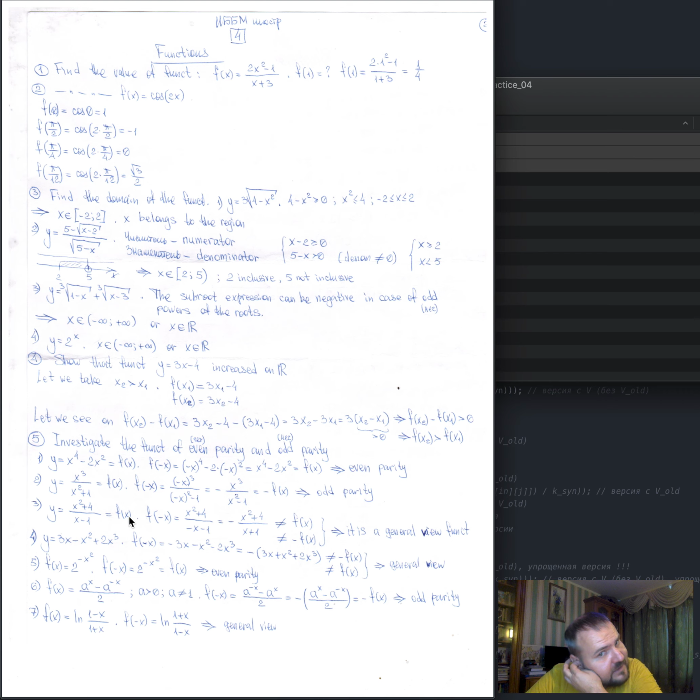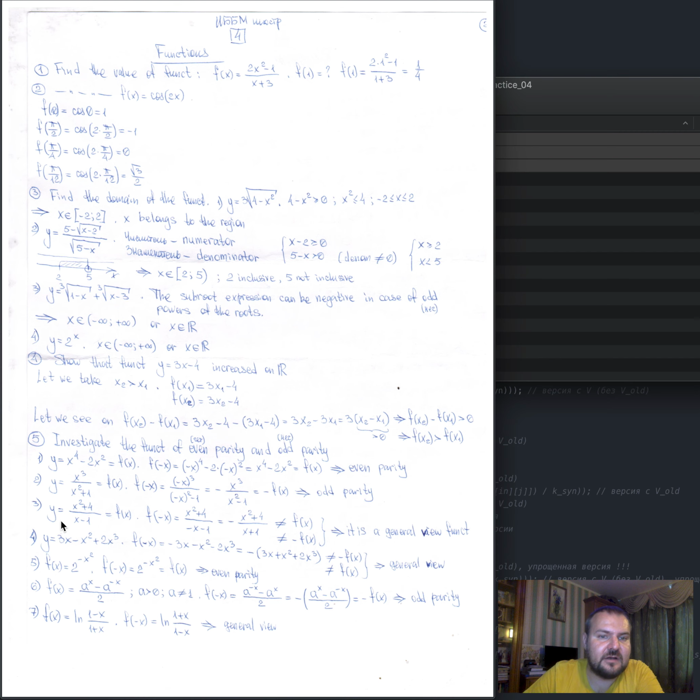The function like this, x squared plus 4 divided by x minus 1. Here we need to check again for odd and even parity, but no conditions would be right. So this case is called the general type of function, and that is all.